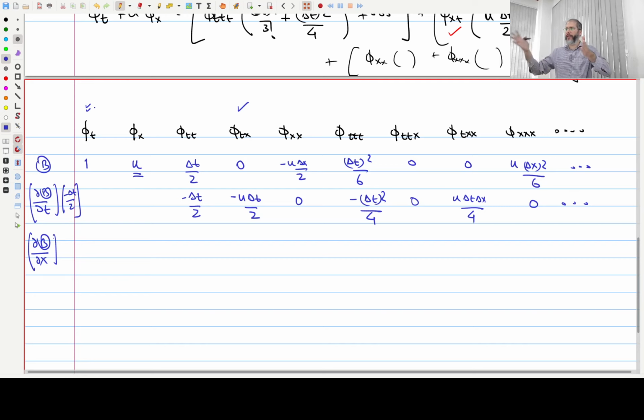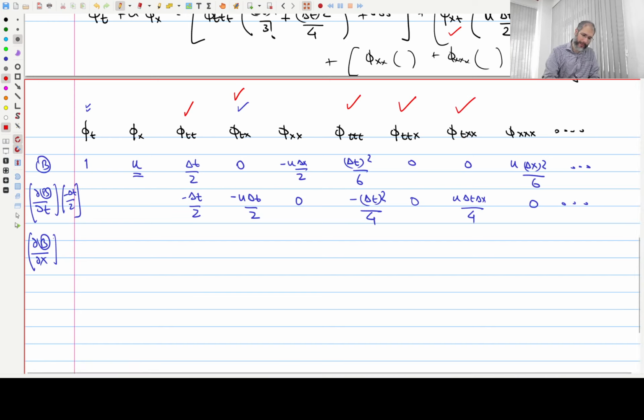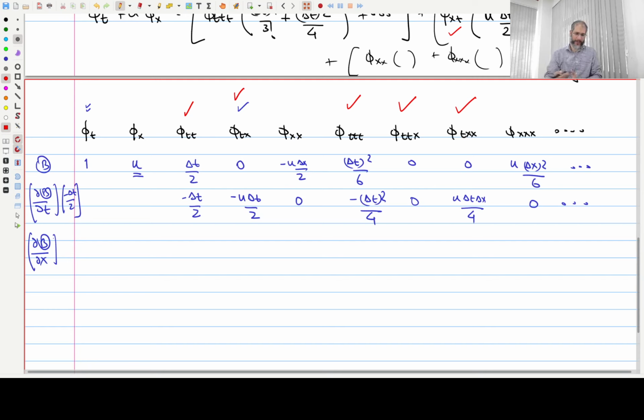See, we will move from left to right. We will try to remove all the terms which have a time derivative in them. So I have removed this one, and this is done. Now I have to remove phi tx, phi ttt, phi ttx, phi txx, and so on. These are the terms I'll remove. I've done this one. Good, so now we move to the next one.